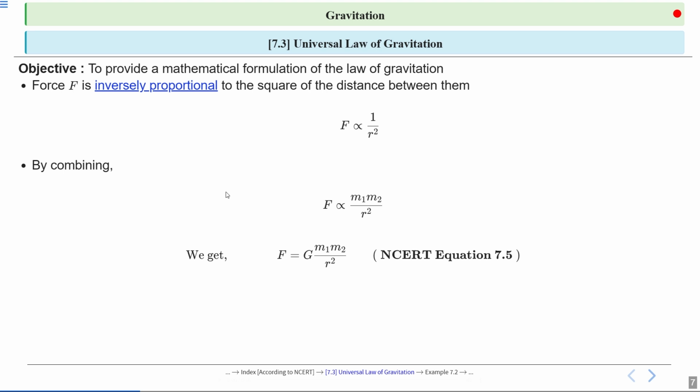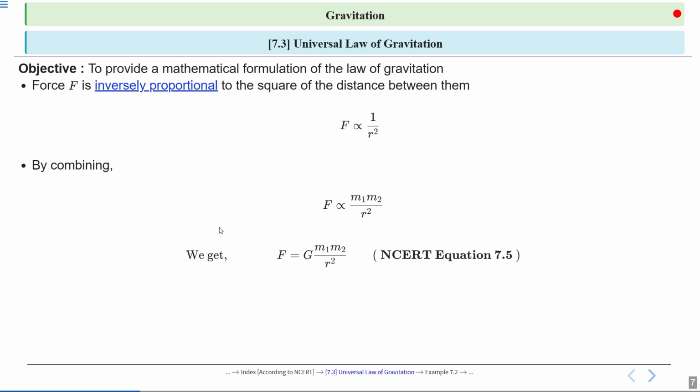This is known as the universal law of gravitation, and it's a fundamental equation in physics. So this equation 7.5 is very important. In upcoming lectures, we will use this expression to solve problems.